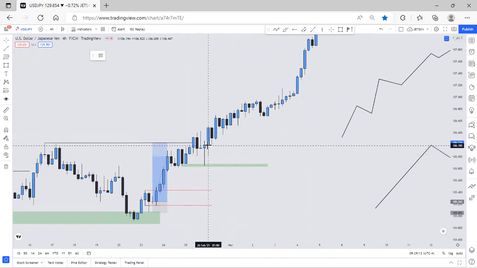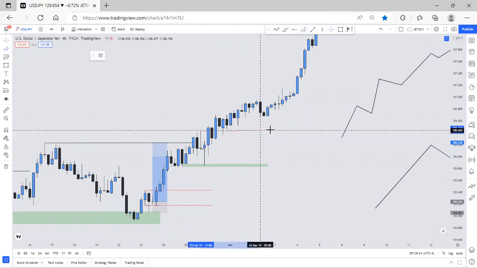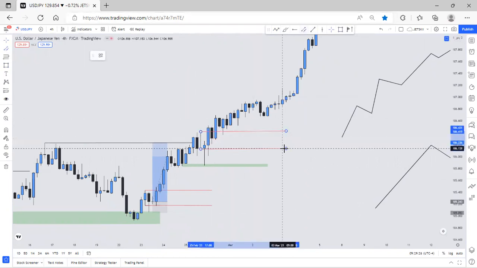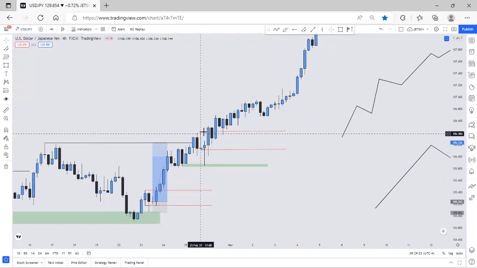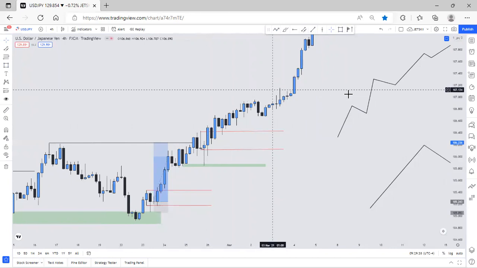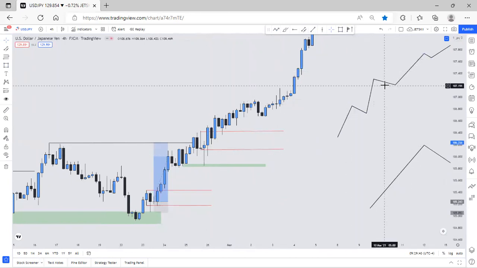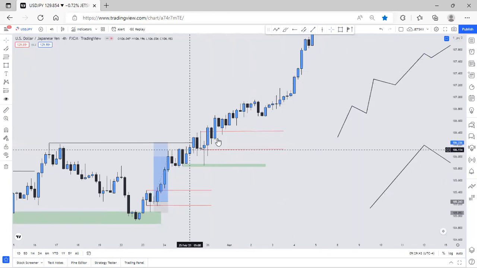You see here, we took that low out, and then we closed within the previous candle's range from there to there. So we take that low, and this candle closed within that range. So from there, you can be a buyer. Boom, right? These are these kinds of markets. You can be a buyer there.